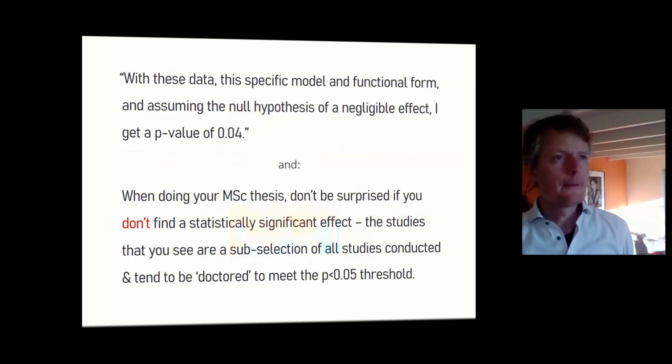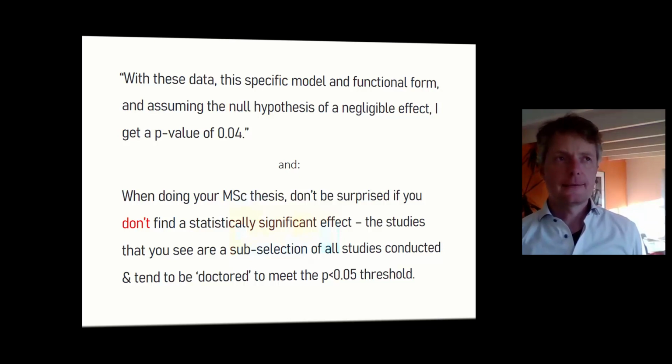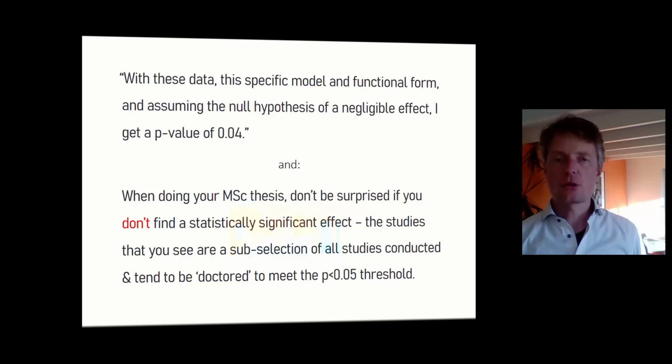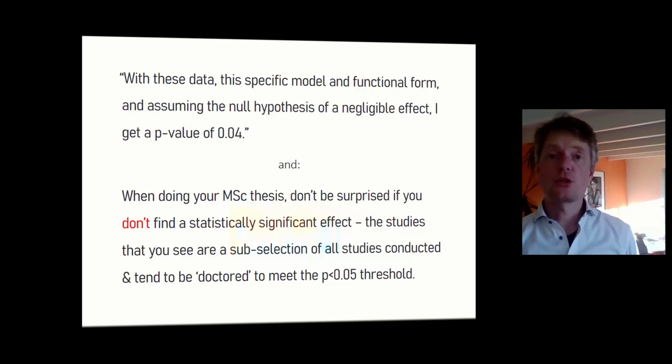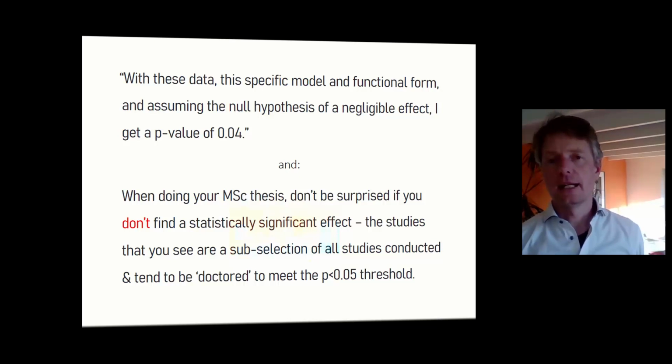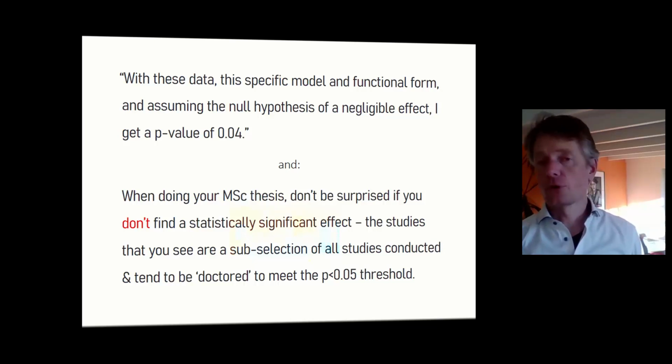So you should always be aware of the fact that whatever you report, for instance, in your master thesis, if you say, well, I've got a p-value of 0.04, well, yes, but that is all conditional on the specific functional form that you chose, the specific model, i.e. what kind of covariates did you choose, for instance, and this is all assuming that there is no effect. Then you may find this p-value, but this p-value may well be different if you choose a different functional form, for instance.